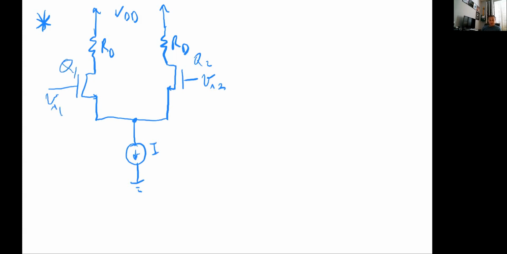So the idea of the result that we did finish, that the output voltage, so taken from here, this would be VO2, this one would be VO1, that the gain of each of the outputs, so the differential outputs, with respect to some common mode input was the same.